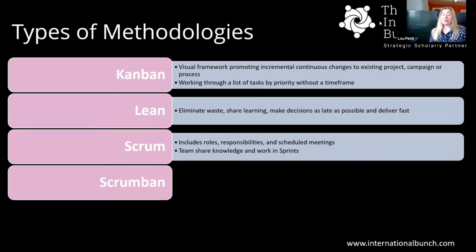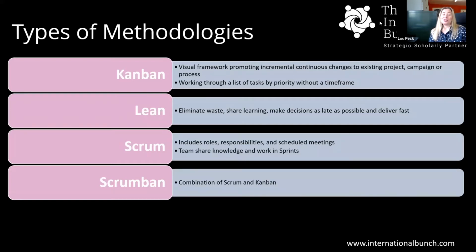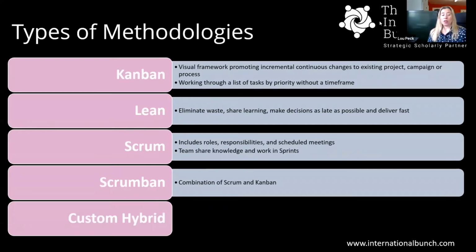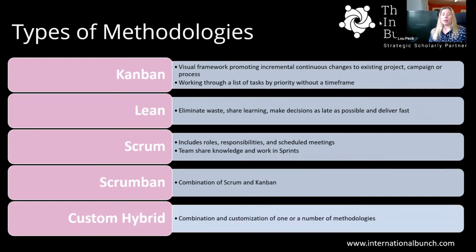Scrumban, I could run a little poll here and ask you to suggest, do you know what that is? Scrumban is basically just a combination of Scrum and Kanban. You could use all of these and come up with a custom hybrid, specific to how you want it to work. You could start off with one approach and then realize, no, actually we want to adapt Kanban to work with us in a more innovative way.